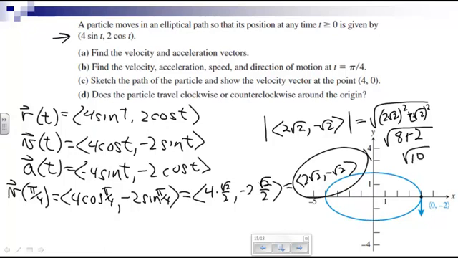Looks like the magnitude of the velocity is root 10. The path of that parametric equation is indeed an ellipse with major axis 4 and minor axis 2. Let's skip D. We're running out of time.